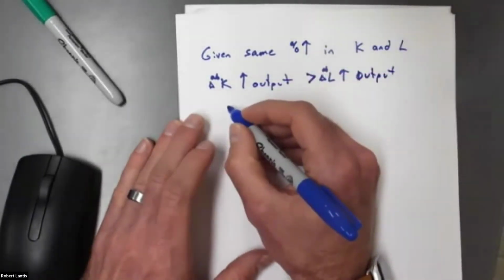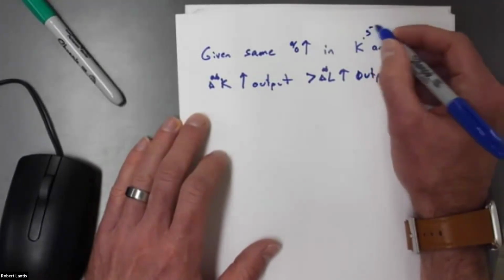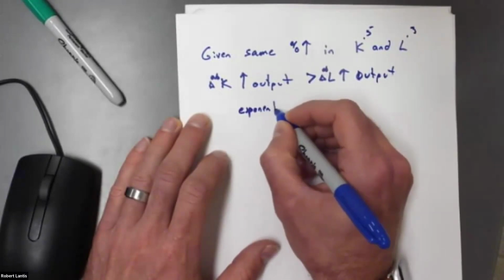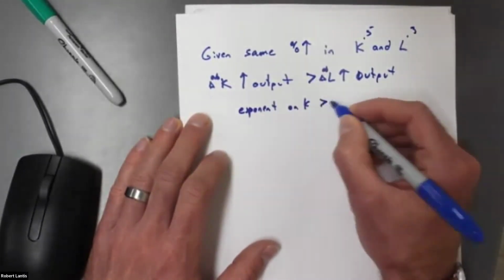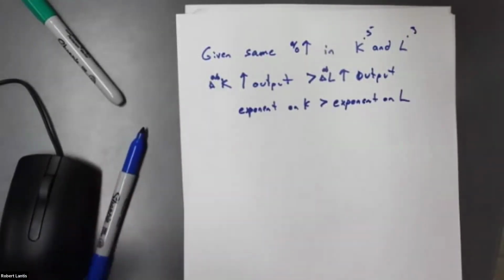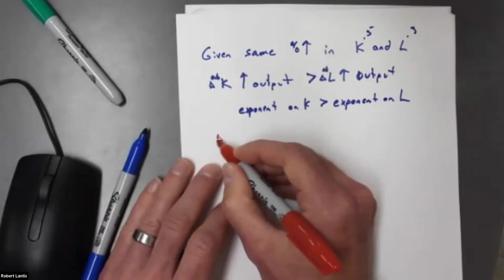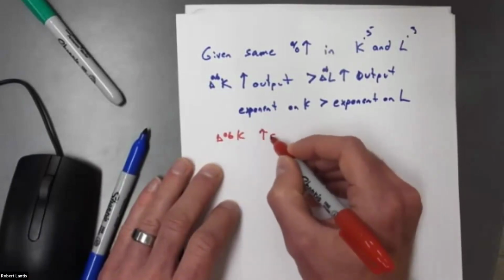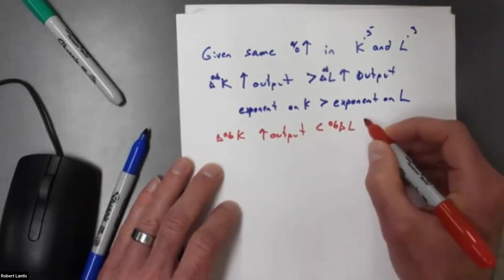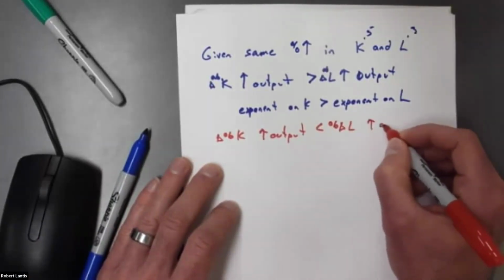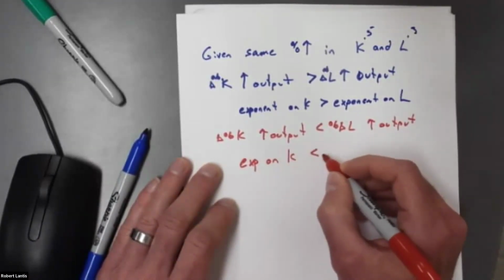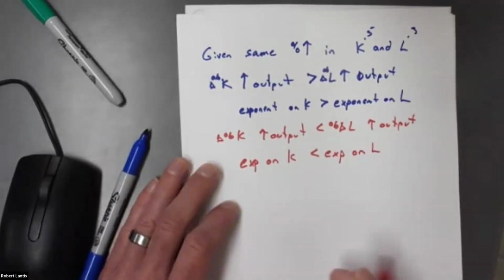Because in that second example, K was to the 0.5 and labor was to the 0.3. So this will hold if the exponent on capital is greater than the exponent on labor. And then the exact opposite is true. That percentage change in capital would increase output by less than that same percentage change in labor would increase output if the exponent on capital is less than the exponent on labor.